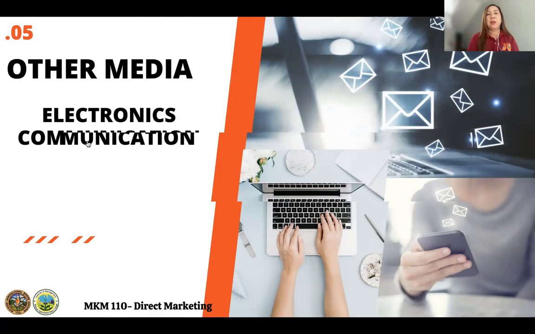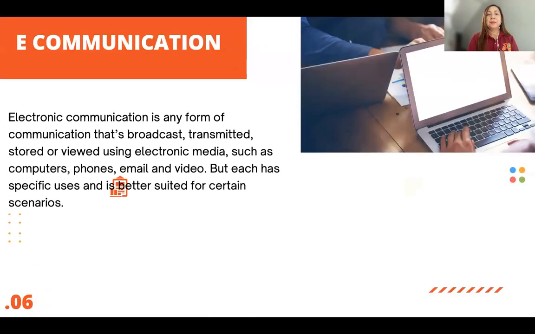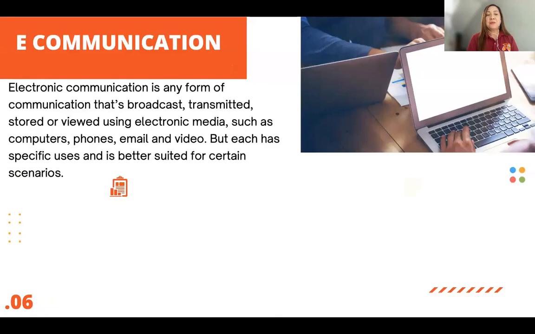And that's why we have to discuss as well the use of the internet. So let's discuss what electronic communication is. A simple definition is that electronic communication is any form of communication that's broadcast, transmitted, stored, or viewed using electronic media, such as computers, phones, via email, and video.